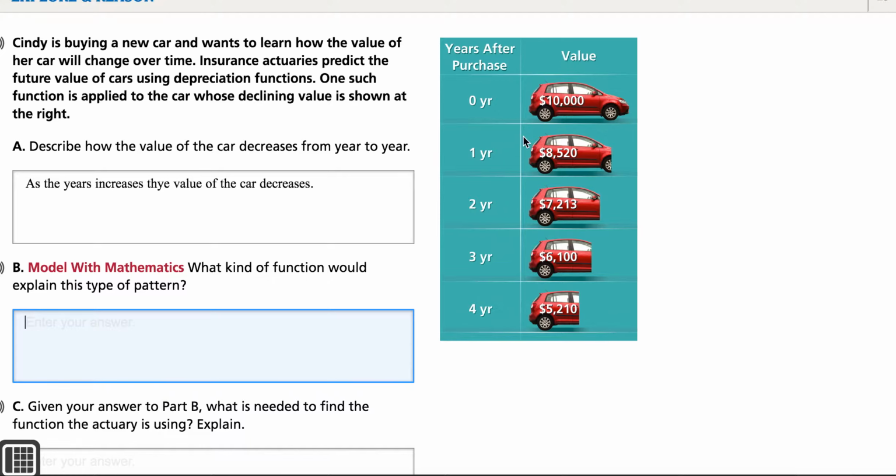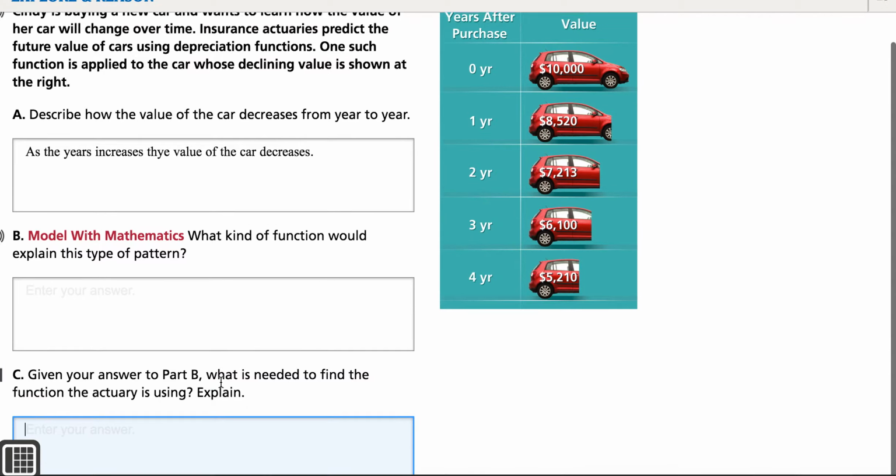You look for patterns by subtracting each number from the previous one, or dividing subsequent values. Sketch the points on the graph and look for a relationship. So you can make a graph and plug in the input X values and the output Y values, which are the value of the car.